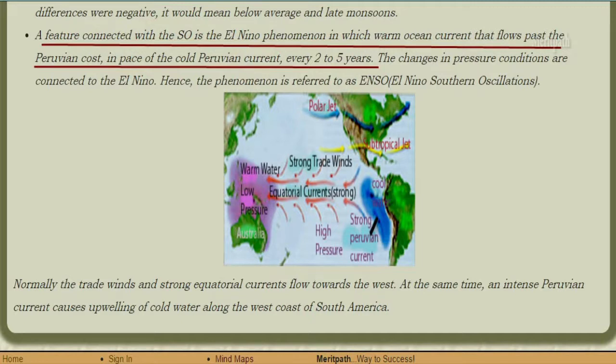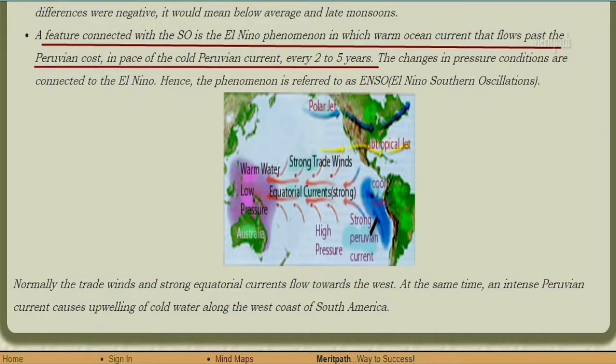A feature connected with the SO is the El Nino phenomenon, in which a warm ocean current flows past the Peruvian coast in place of the cold Peruvian current every 2 to 5 years, and the changes in pressure conditions are connected to the El Nino.